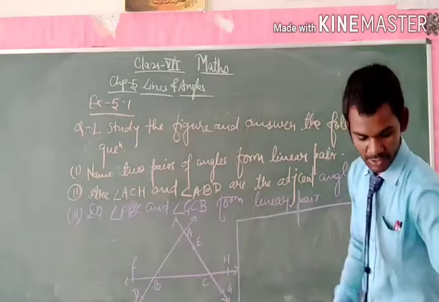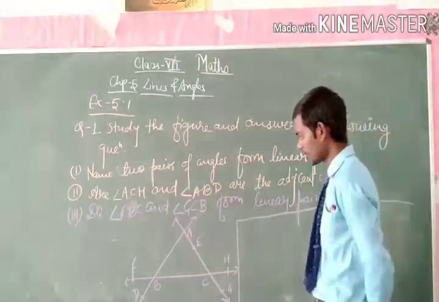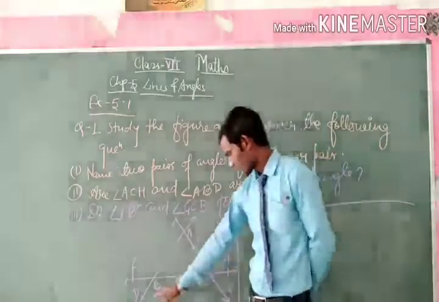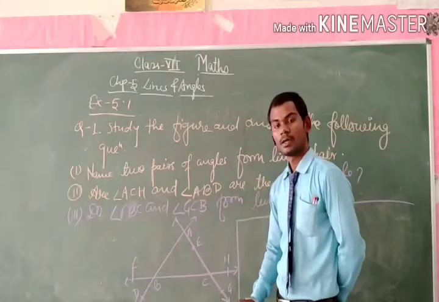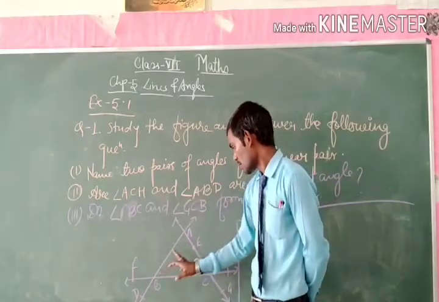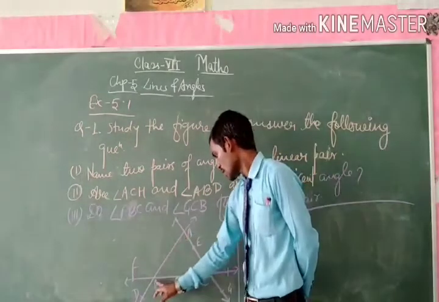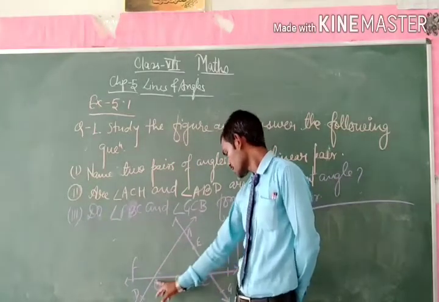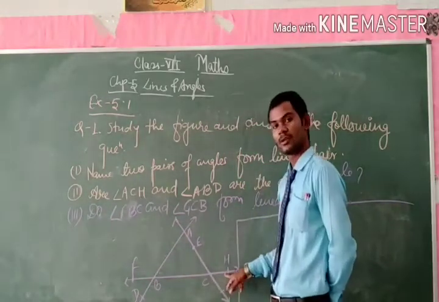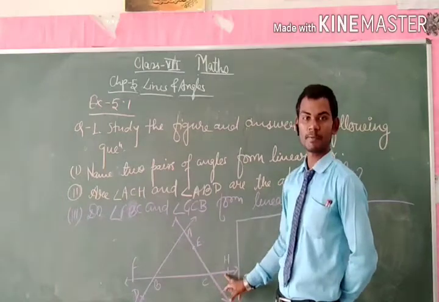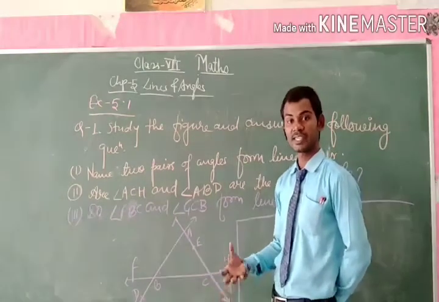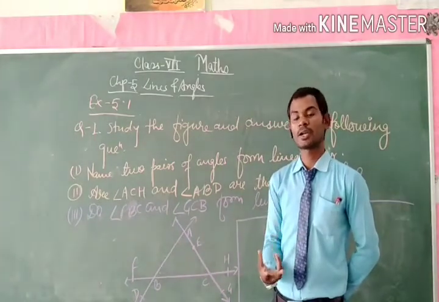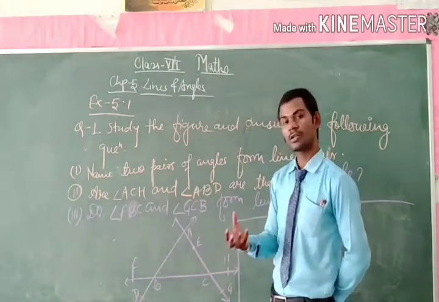So let's see. In the figure we can see that at the point B, angles ABF and ABH form a linear pair, but it is a single linear pair, and here we have to find two pairs of linear pairs.